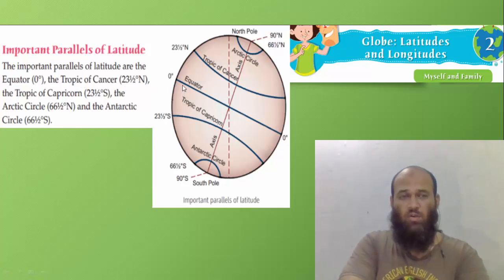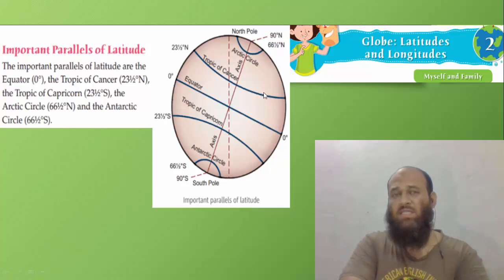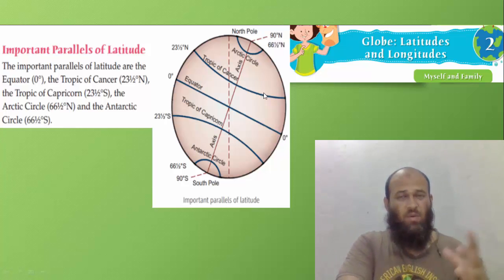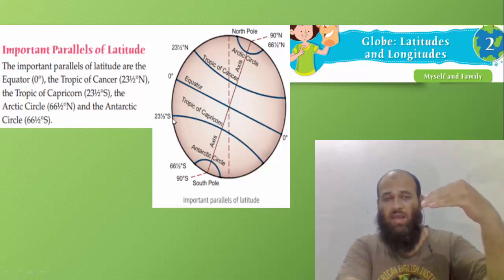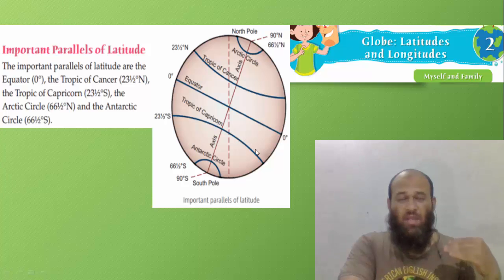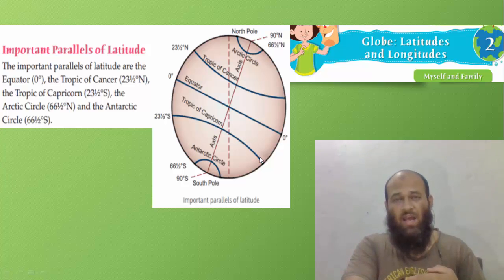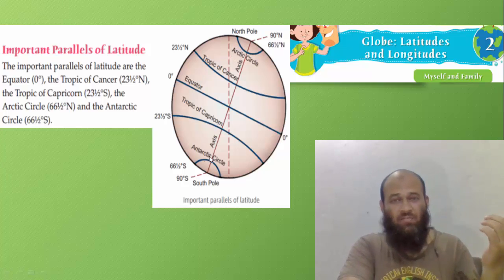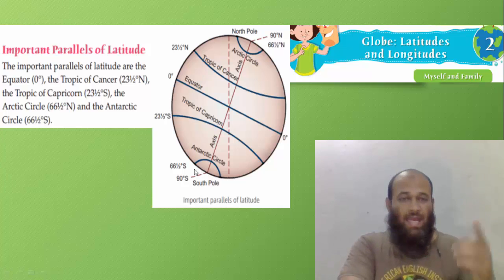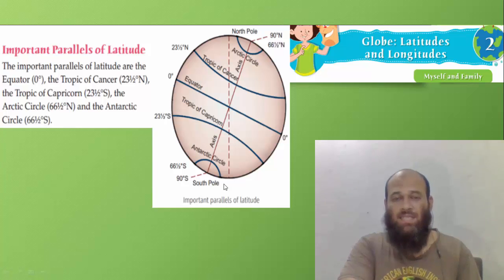Then you have the Tropic of Cancer. It is in the north at 23.5 degrees north. Remember the words that I'm using: 23.5 degrees north. Also the Tropic of Capricorn at 23.5 degrees south. Then going higher, the Arctic Circle at 66.5 degrees north, and the Antarctic Circle at 66.5 degrees south.